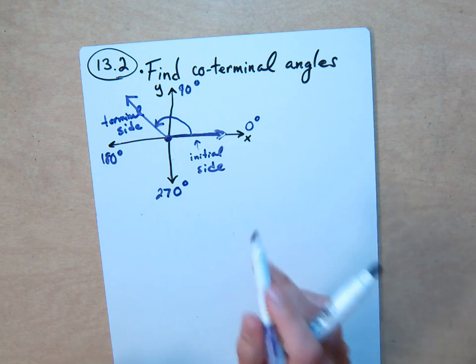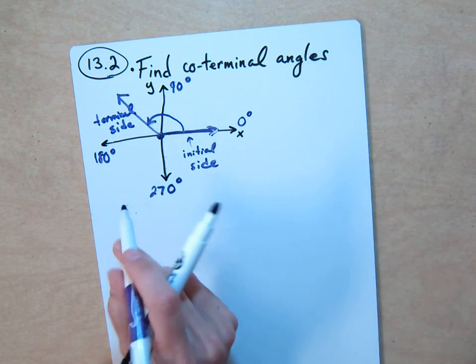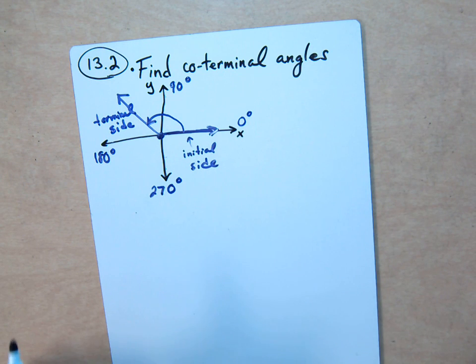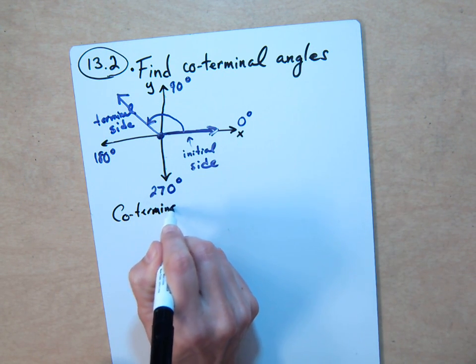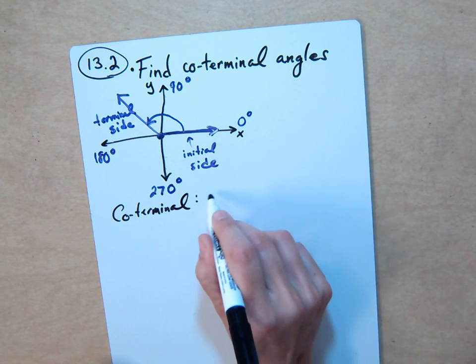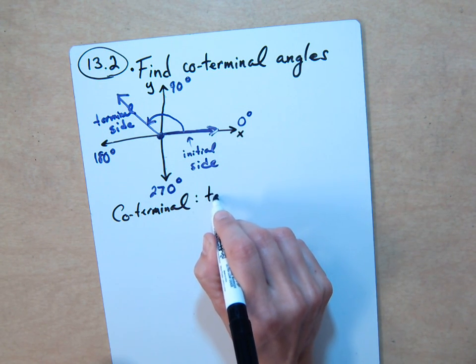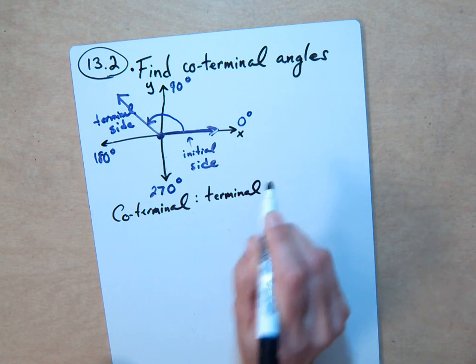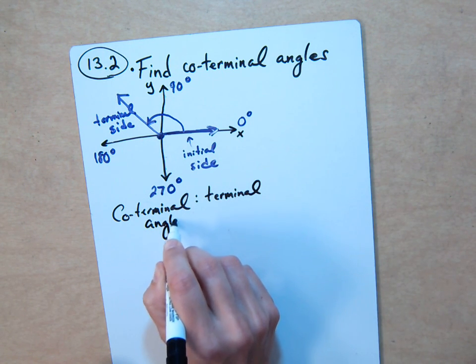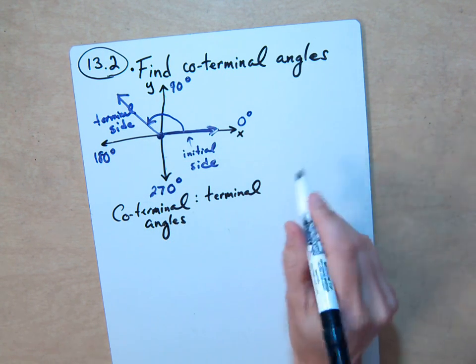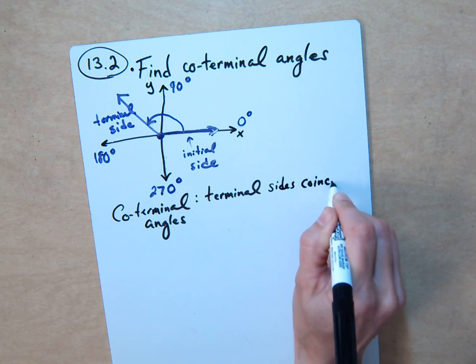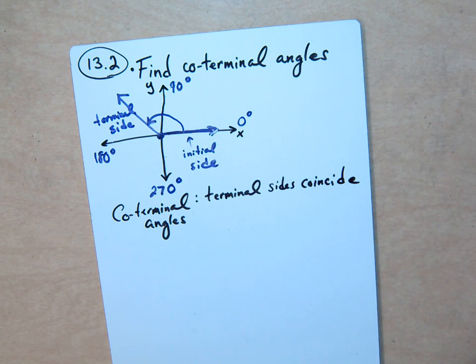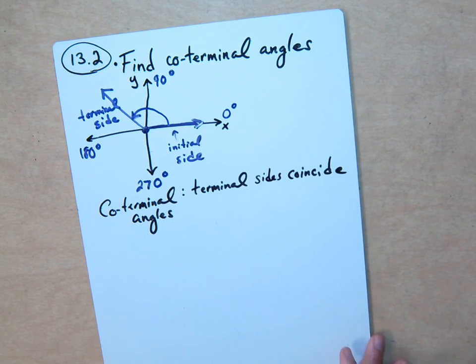Now, the word coterminal means the terminal sides of the angles coincide or overlap. I'll show you what I mean. To find coterminal angles, basically you end up in the same place.